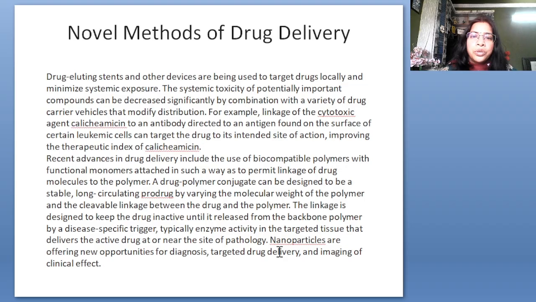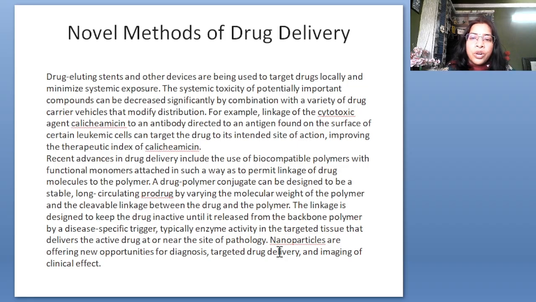Linkage of the cytotoxic agent calicheamicin to an antibody directed to an antigen found on the surface of certain leukemic cells can target the drug to its intended site of action, improving the therapeutic index of calicheamicin. Recent advances in drug delivery include the use of biocompatible polymers, with functional monomers attached in such a way as to permit linkage of drug molecules to the polymer.